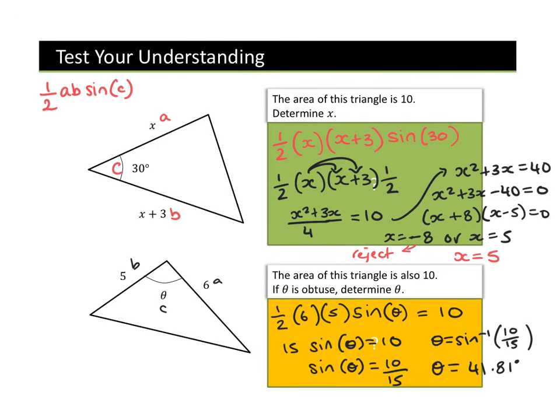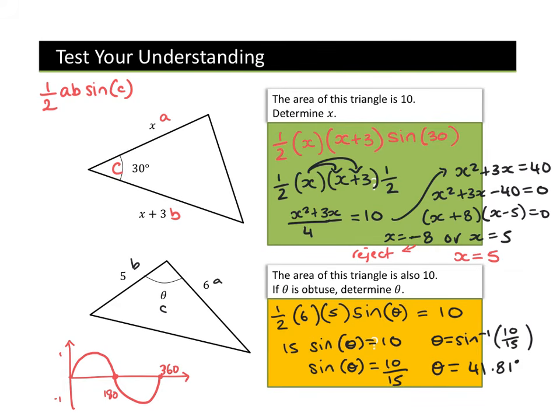Now it said theta is obtuse, okay? So we know we love to draw the sine graph. Okay, so here's our sine graph. Remember, it's between 1 and -1. Okay, this is our 180, 360.